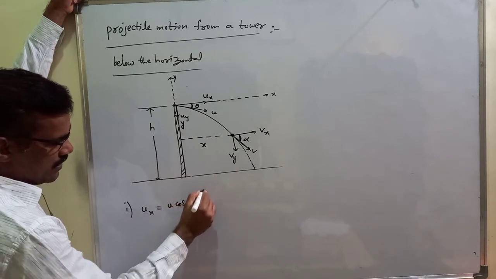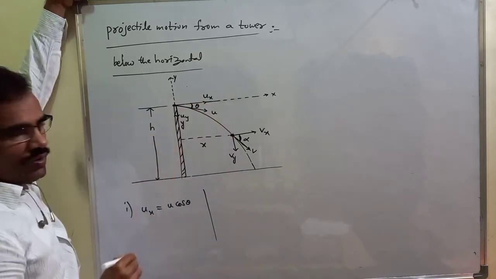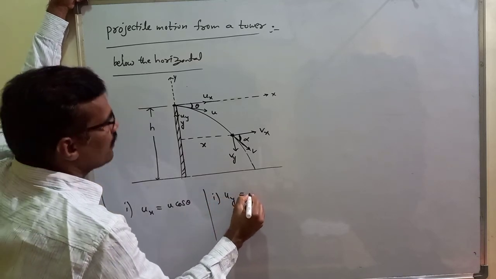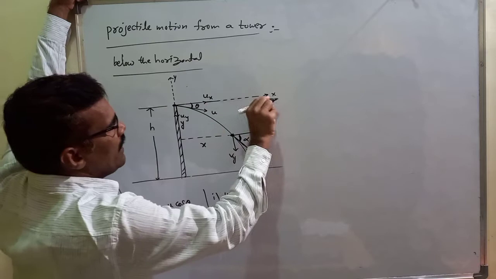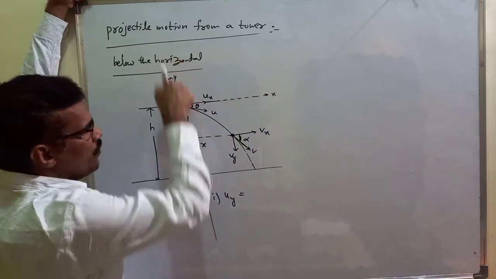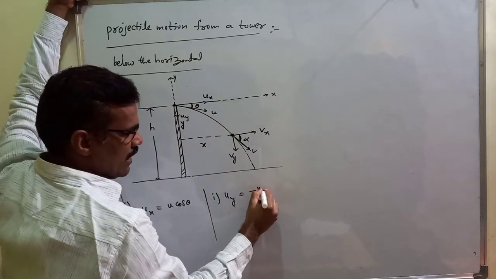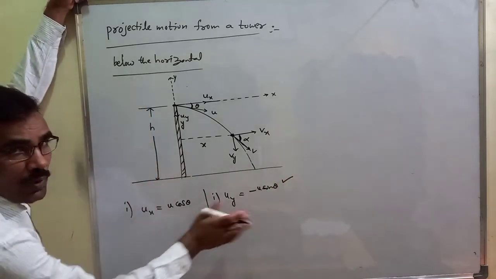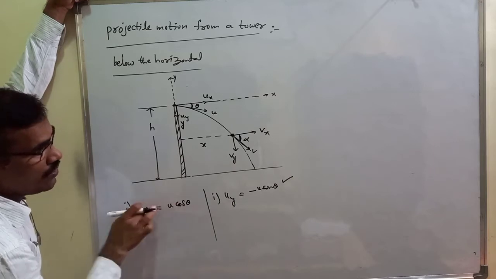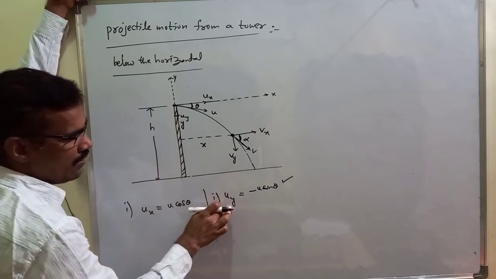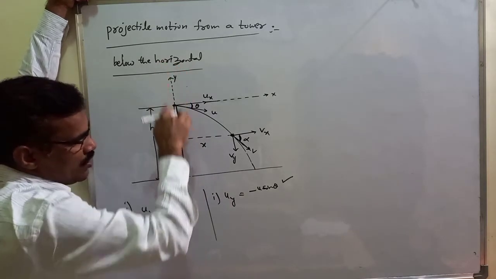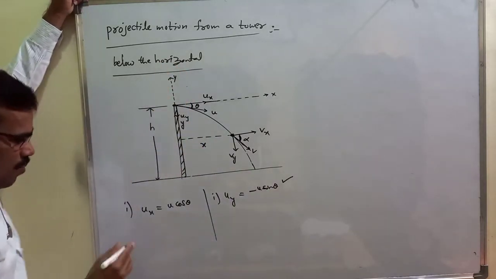U cos theta, adjacent. Therefore Uy is, this is the y direction, negative y axis, so minus U sin theta. Clear? X direction, U cos theta. Y direction, this is negative y. That's why minus U sin theta.